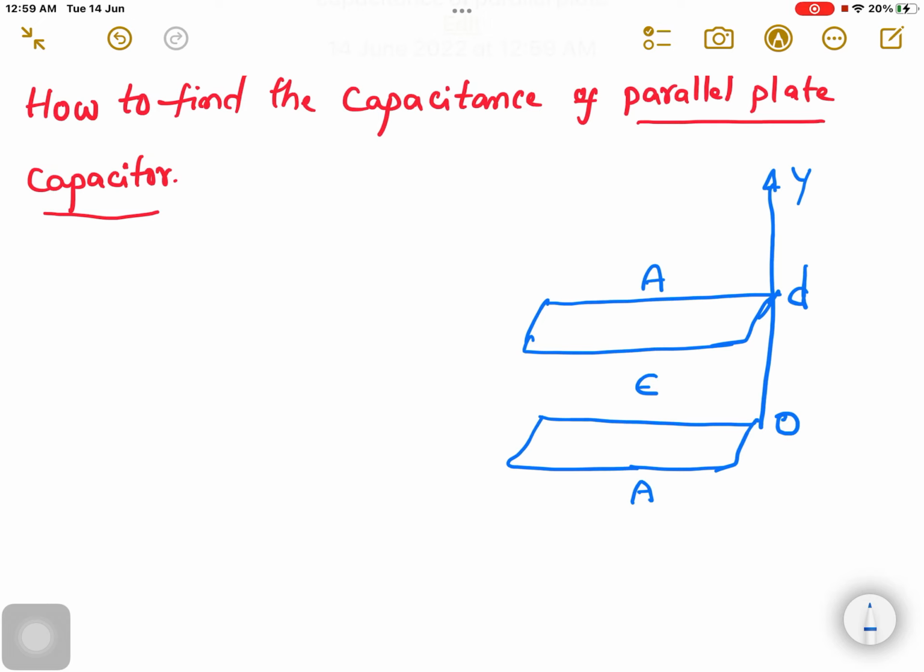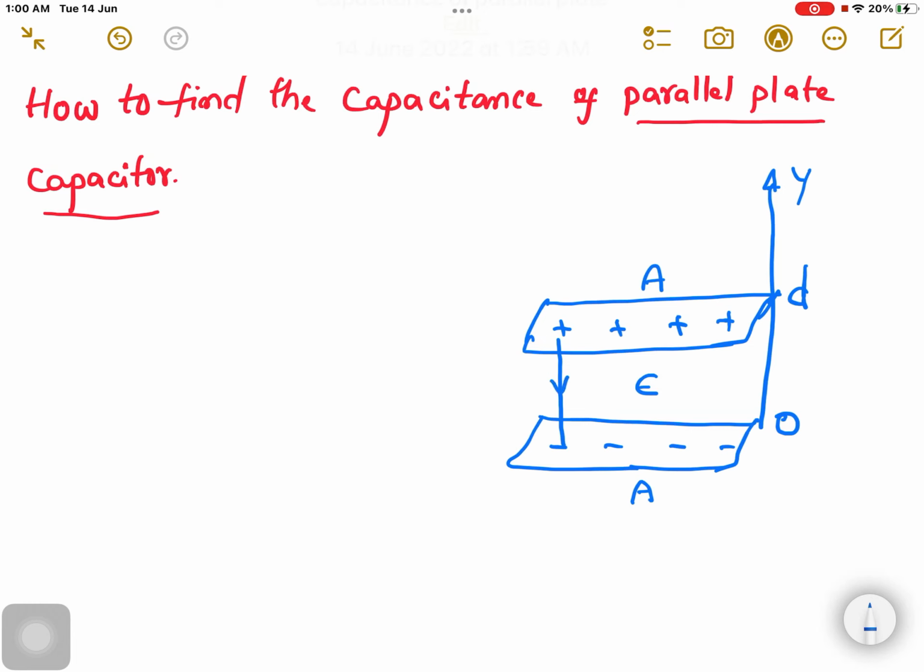And the second one is, to have the capacitance between these two plates, if the first one has positive charges like this, then the other plate should have negative charges. To have the capacitance, the two conductors should have equal and opposite amounts of charge. Due to this arrangement, an electric field will be developed from positive to negative.